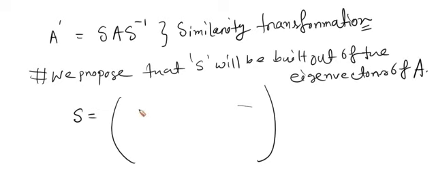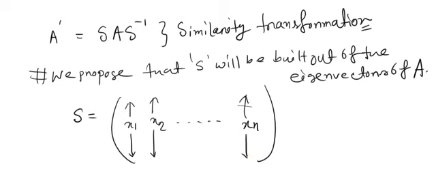So accepting this proposal will give us the following matrix. Let's say the first column will be the eigenvector x_1 that corresponds to the eigenvalue lambda_1. The second column will be the eigenvector that corresponds to lambda_2, and so on and so forth. Also notice that we are assuming it's a non-degenerate case. We will talk about what happens in the degenerate case later. So for now, this will be the structure of this S.